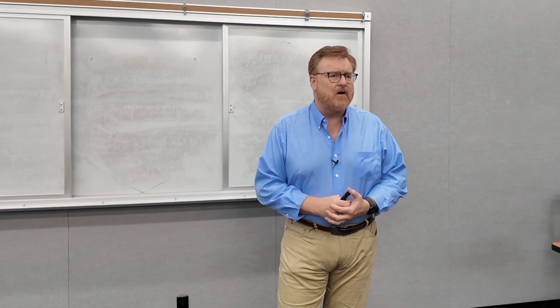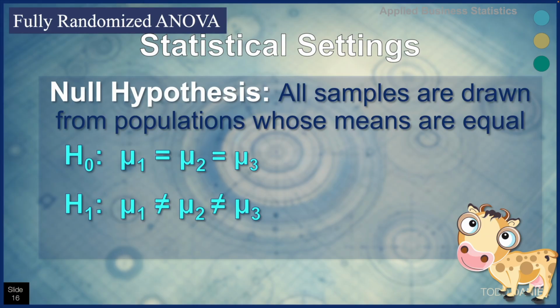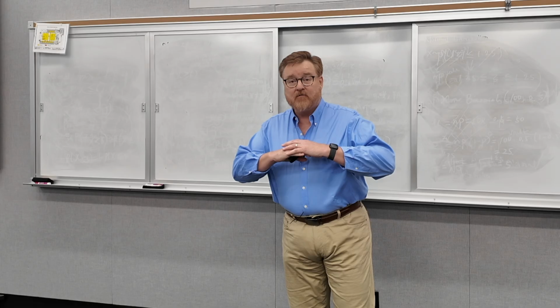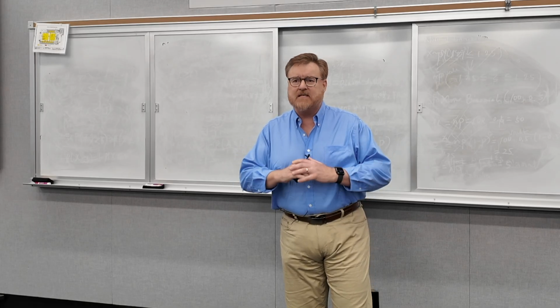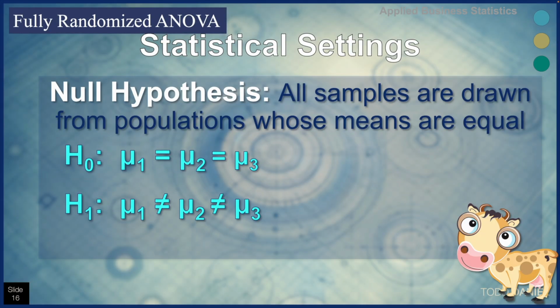Therefore, we're going to structure our null hypothesis as H sub 0: mu1 equals mu2 equals mu3. Outcome for each level of the factor is the same. Our alternative hypothesis will be H sub 1: mu1 does not equal mu2, does not equal mu3.